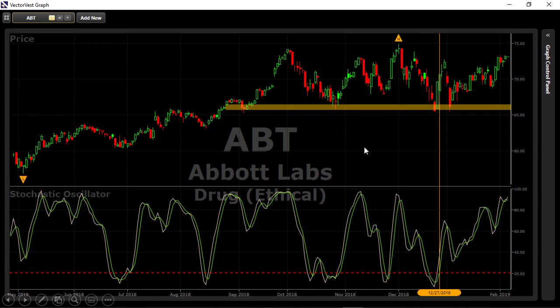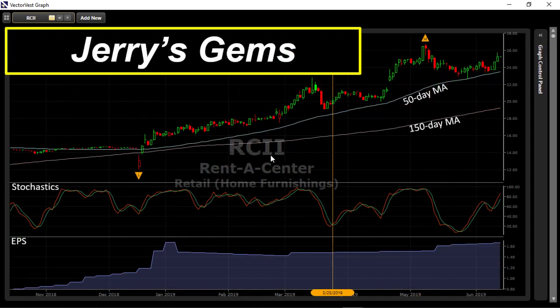Here's another example of a support retracement with stochastics going from below 20 to above 20. 1 retracement, 2 retracements, 3 retracements off of that support level. We're in the trade 2 days, and it crashes for 2 days, but it stops at support again. And then retraces from it, gives us a nice opportunity there.